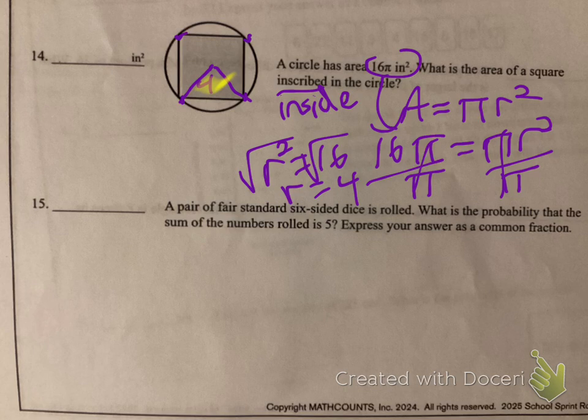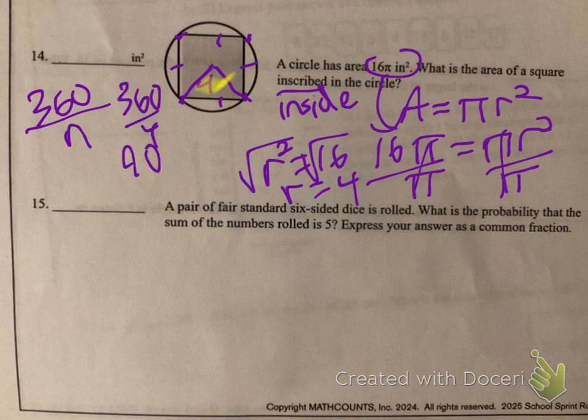That central angle, its circle is 360. So if we just do 360 divided by the number of sides, well, the square has 1, 2, 3, 4 sides. So 360 divided by 4, each of those angles is going to be 90. So this is actually a right triangle right here, and that's 4. And we know these two are the same, so that's 4.